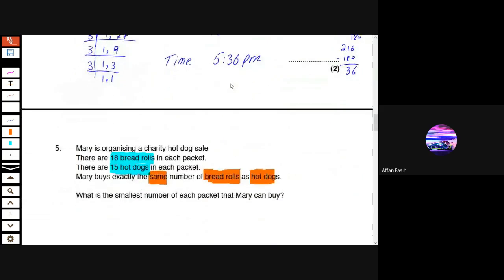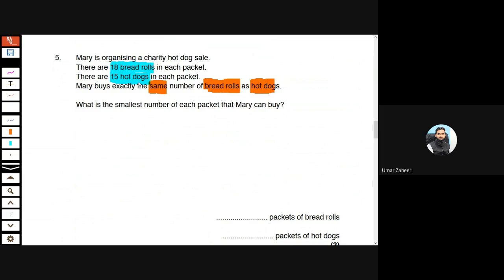All right. So you have 18 bread rolls in one bag and 15 hot dogs in each bag. So what is the smallest number of each bag that Mary can buy here? You will get the same number of bread rolls and the same number of hot dogs. So tell me, is it the concept of LCM you have to use here or HCF?